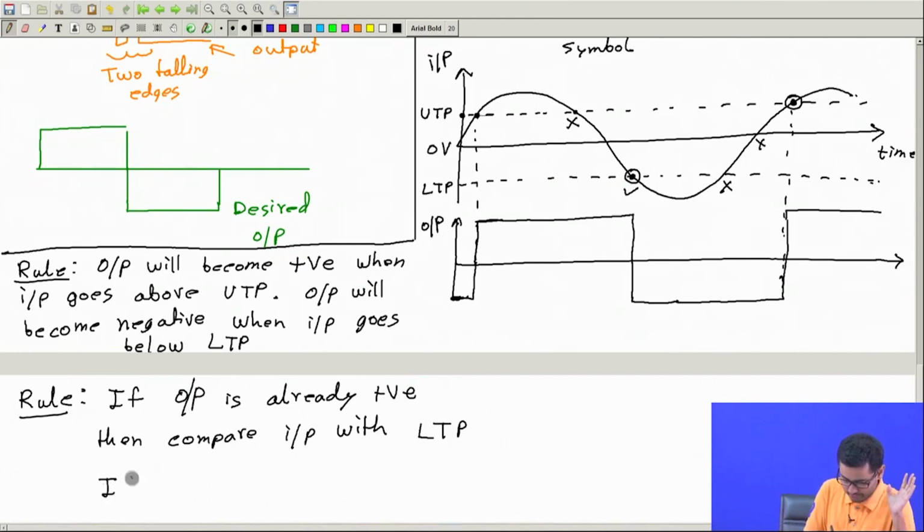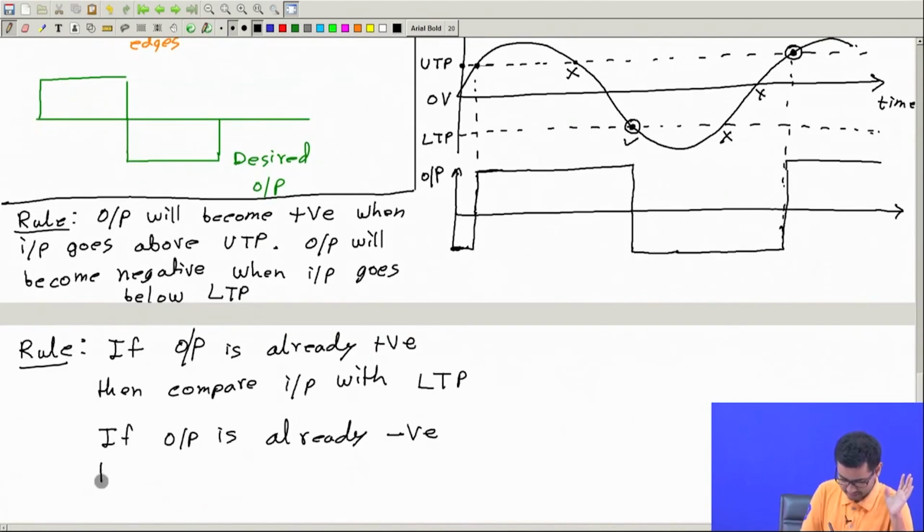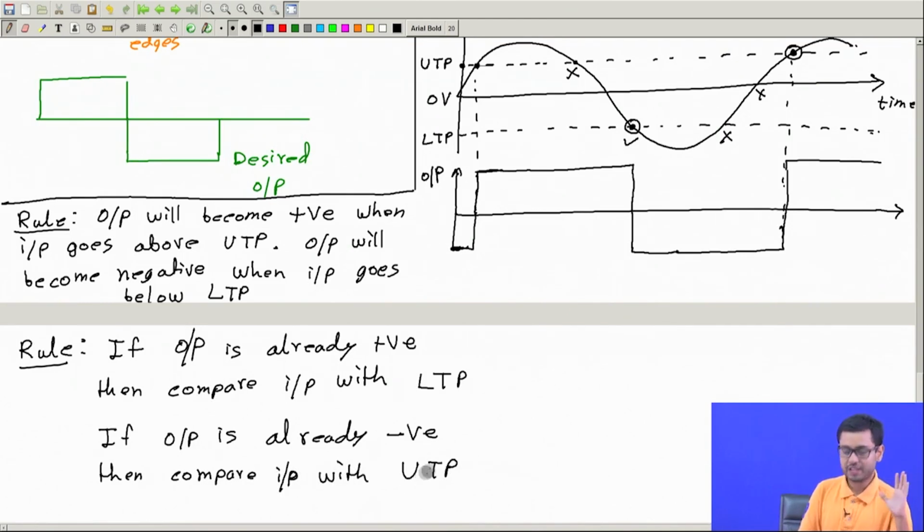So if output is already negative, then compare input with the upper trigger point. So this is how this Schmitt trigger behaves.